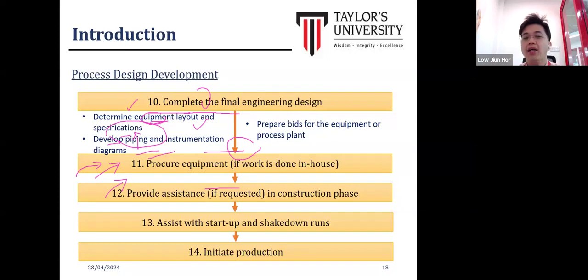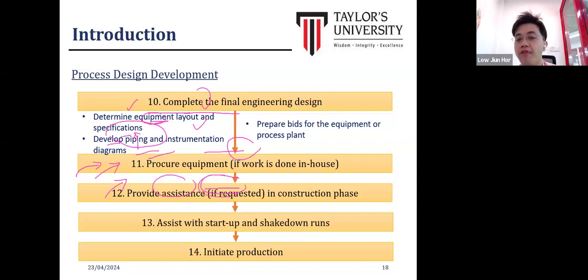So before we officially use the chemical plant we designed to produce a product, we need to produce the product on a small scale using the plant first. This is what we call a shakedown run.